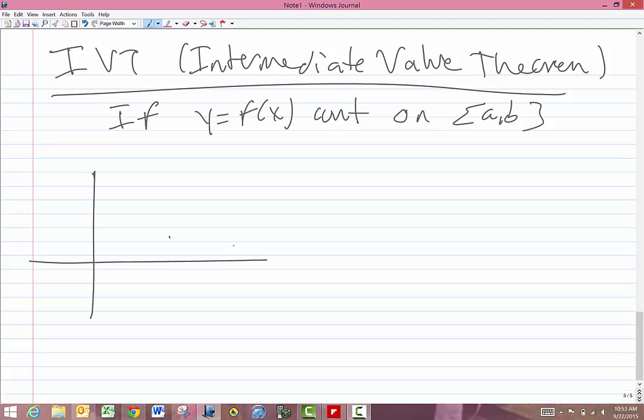Okay, so let's give a little visual. Here's A, here's B. Continuous on that whole interval. Okay, and it doesn't have to be increasing like this one is, but let's just suppose.